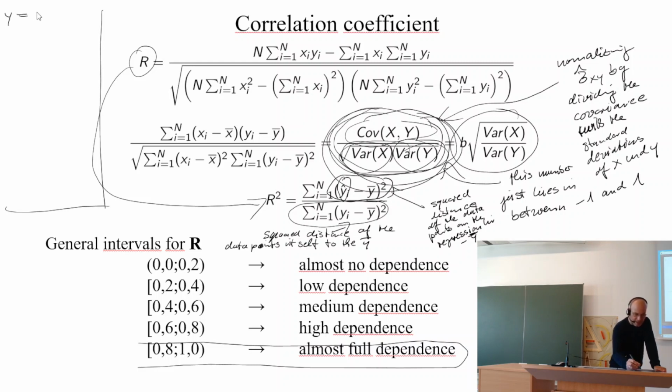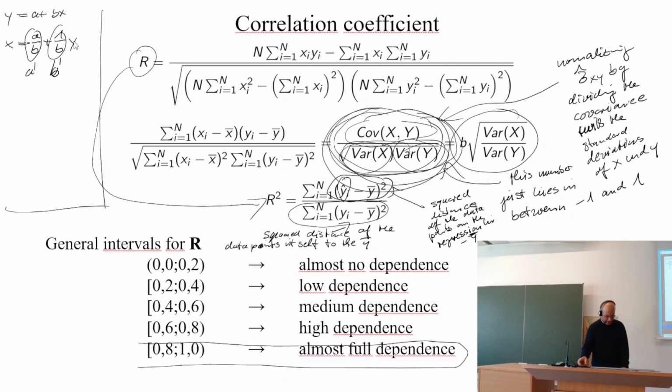If I say my model is a plus bx, and if I solve this for x, then I obtain x equals minus a over b plus 1 over b times y. This I can interpret as an a prime, and this I can interpret as a b prime.